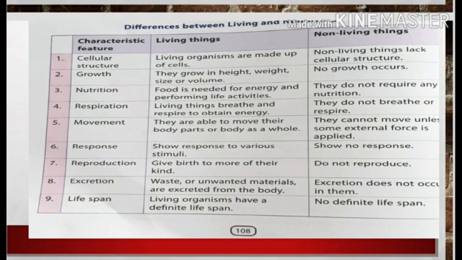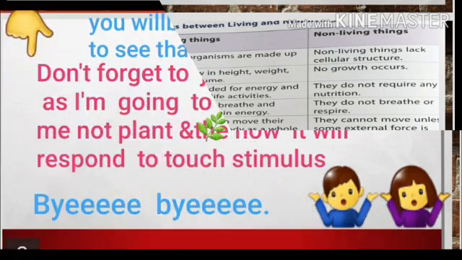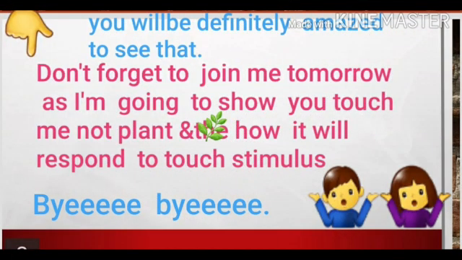Excretion, waste or unwanted material is excreted from the body, but excretion does not occur in non-living things. And lastly, lifespan. Living organisms have a definite lifespan and there is no definite lifespan in case of non-living things. This is all about the comparison of characteristics of both living and non-living things.